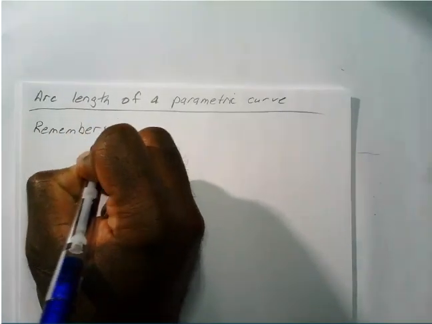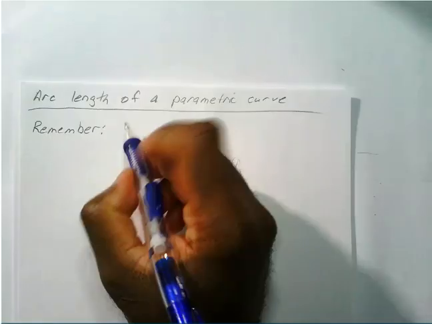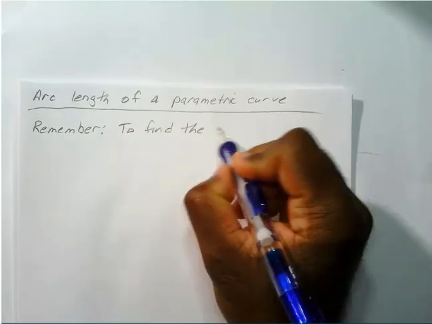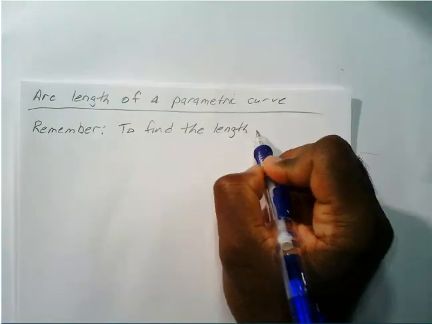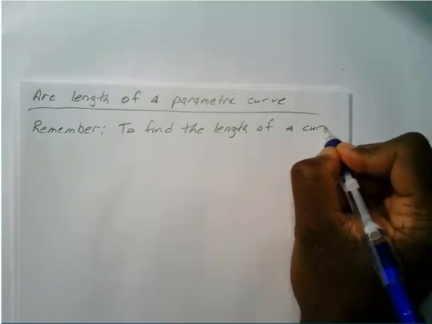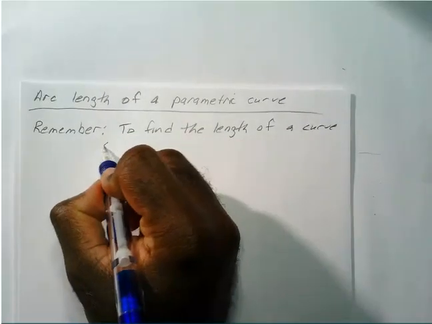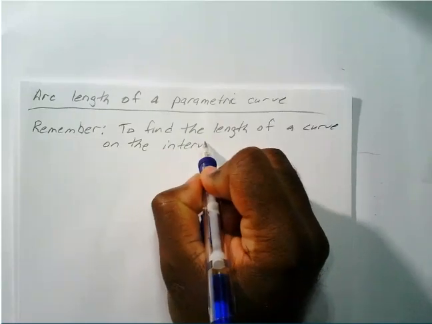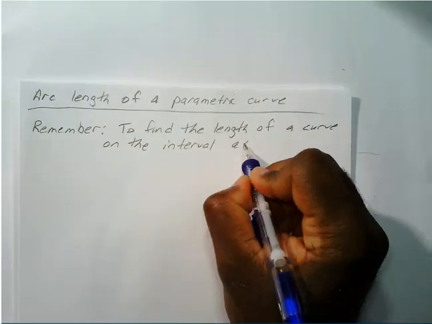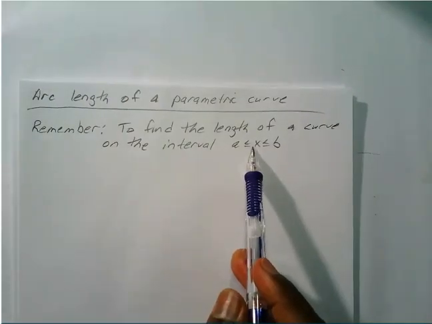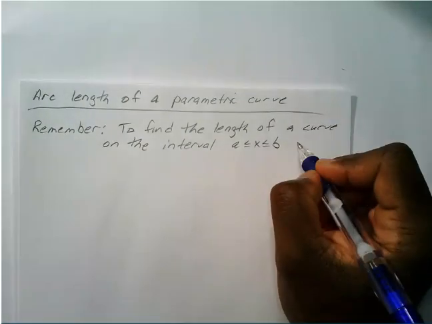If you remember, to find the length of a curve on the interval from A to B, remember, our parameter is the x-axis, so we're not using parametric curves just yet.